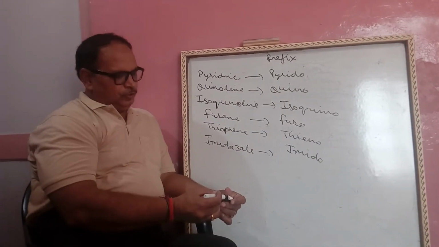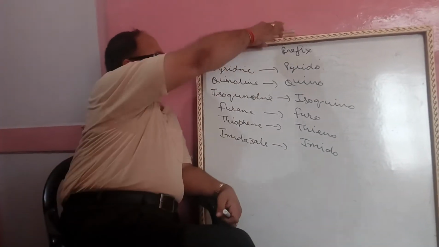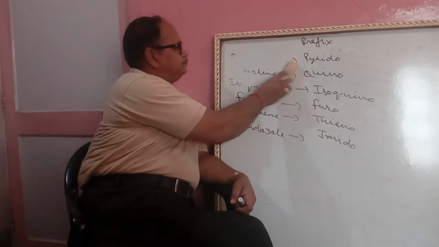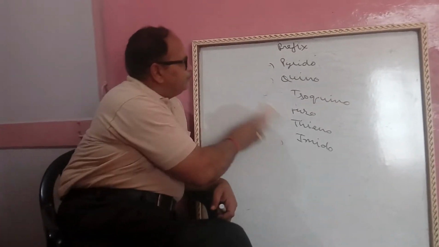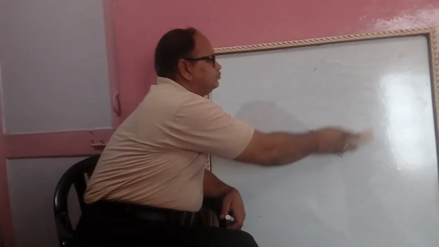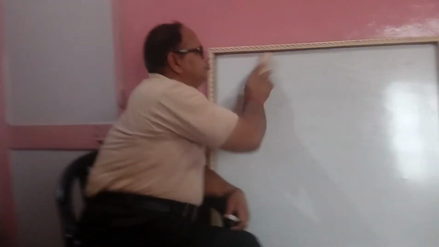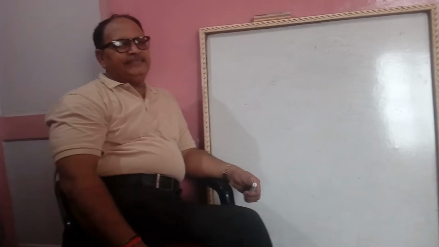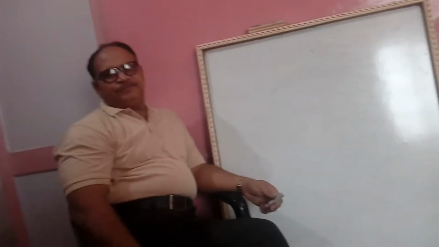Now rule number 5. The base component is alphabetized in italic form.